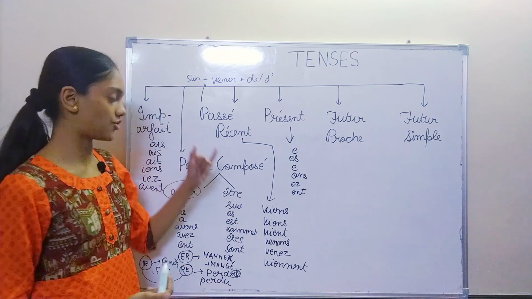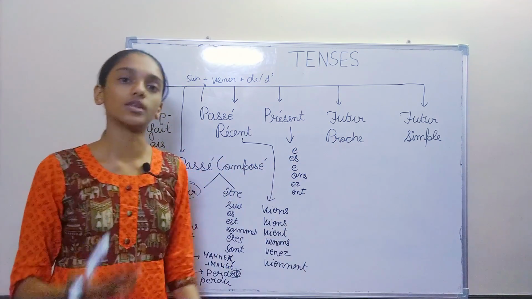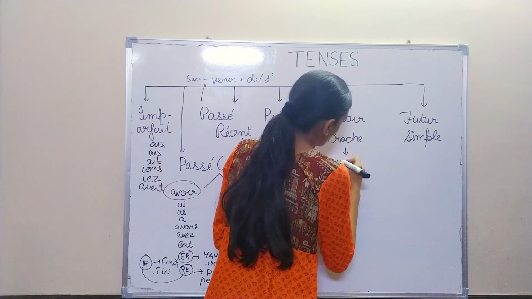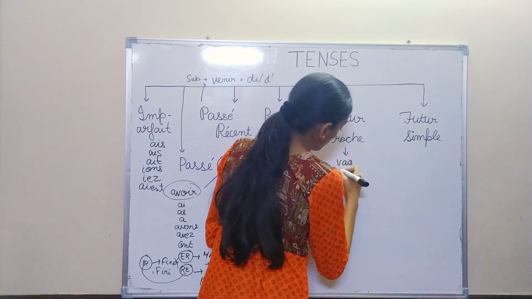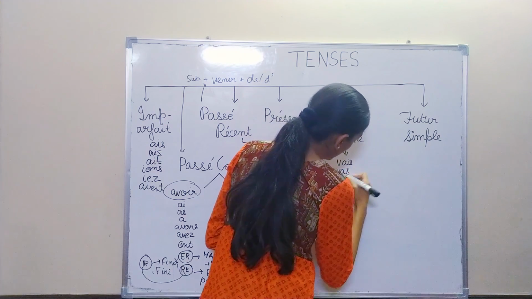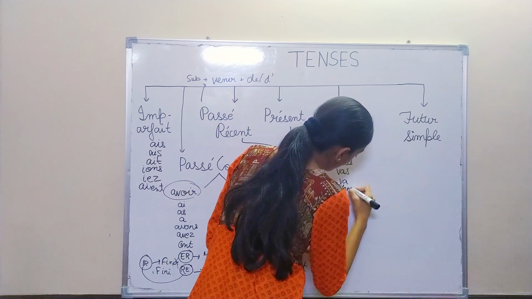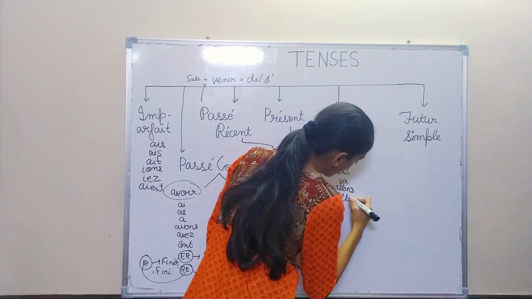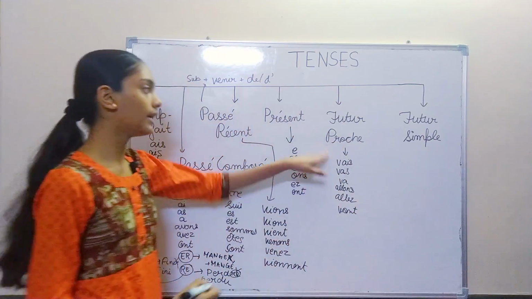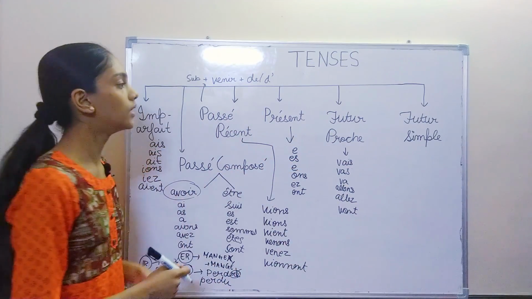Just like in Passé Récent you use the verb venir, in Futur Proche you use the verb aller. How do you conjugate the verb aller? It's je vais, tu vas, il, elle va, nous allons, vous allez, ils, elles vont. Okay? And then you just add the infinitive of the verb.